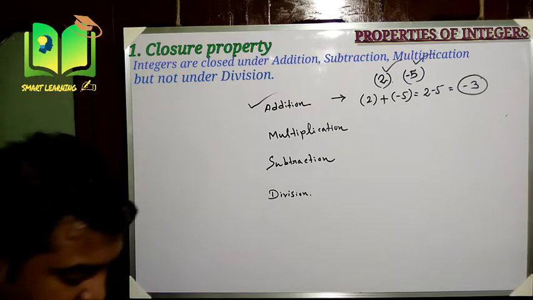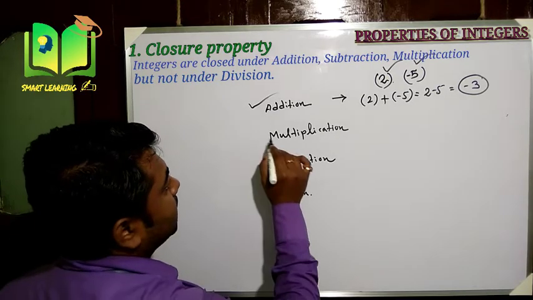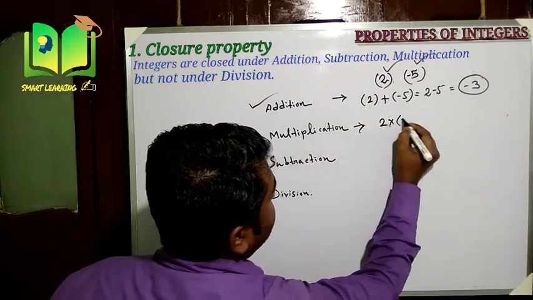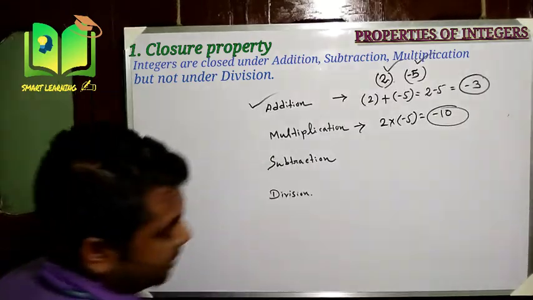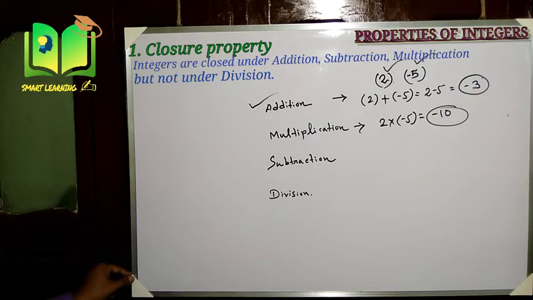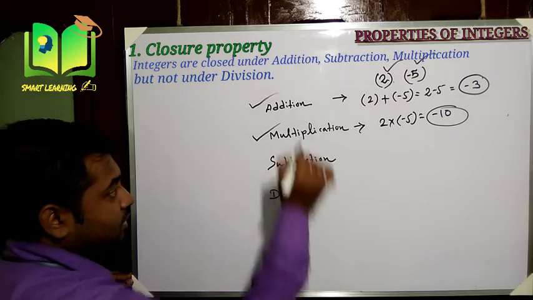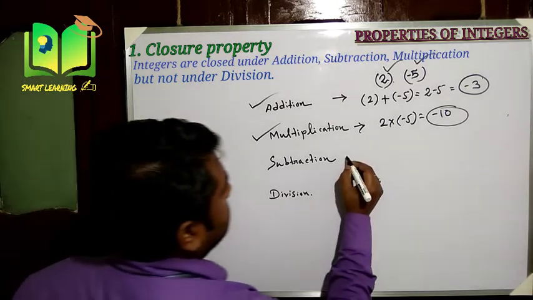Now in case of multiplication, you are multiplying 2 into minus 5 equals minus 10. This one is also an integer. So you can say closure property follows in case of multiplication also. Now consider subtraction.